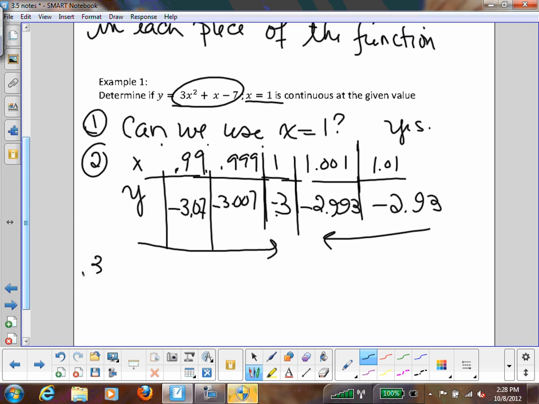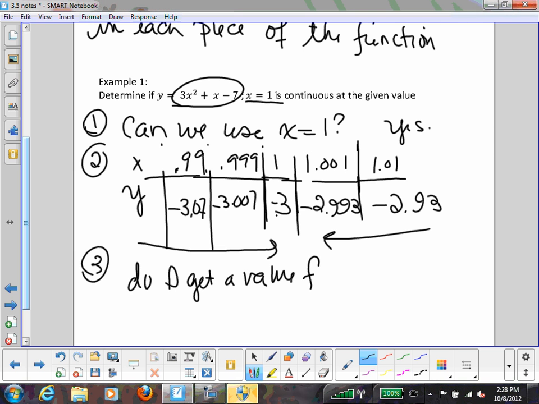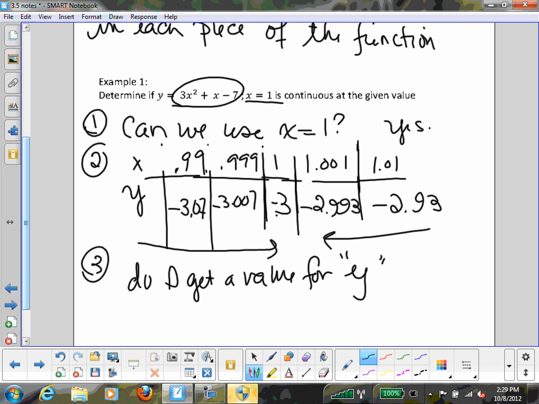All right, the third one is, do I get a value for y? And this last case is really a concern when you have jump functions, when you have piecewise functions. You just want to make sure that you're getting the same value for y.